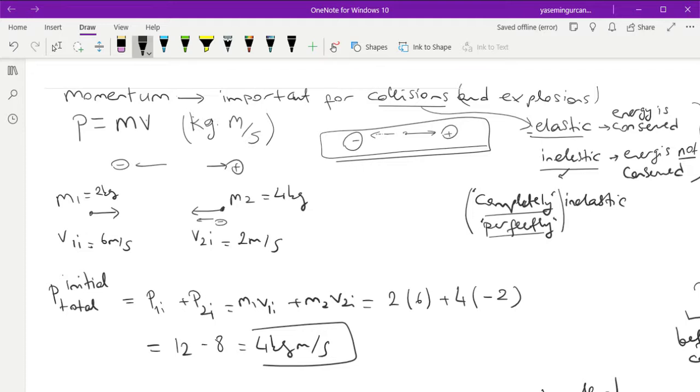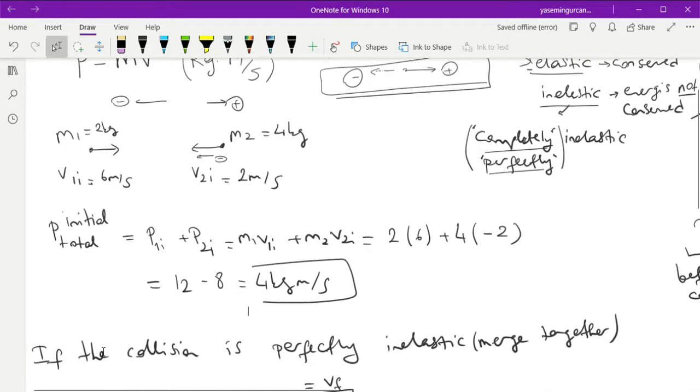As I mentioned before in our questions, the momentum is always going to be conserved because we won't be dealing with any external forces acting on our system. So we know that the total initial momentum is going to stay the same, so it's going to be equal to the total final momentum after the collision.